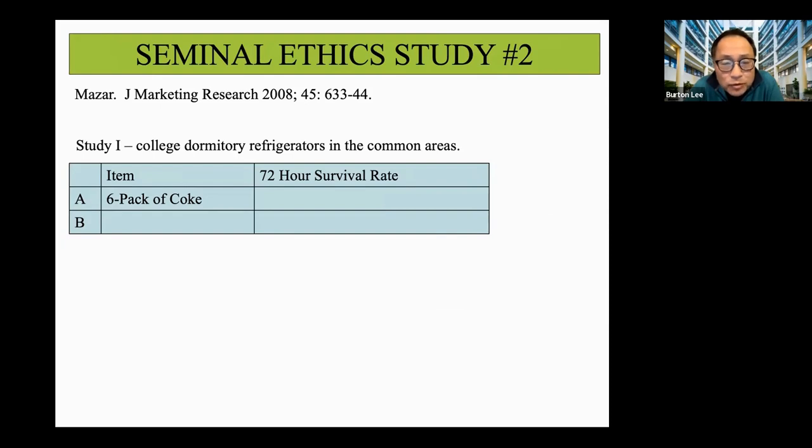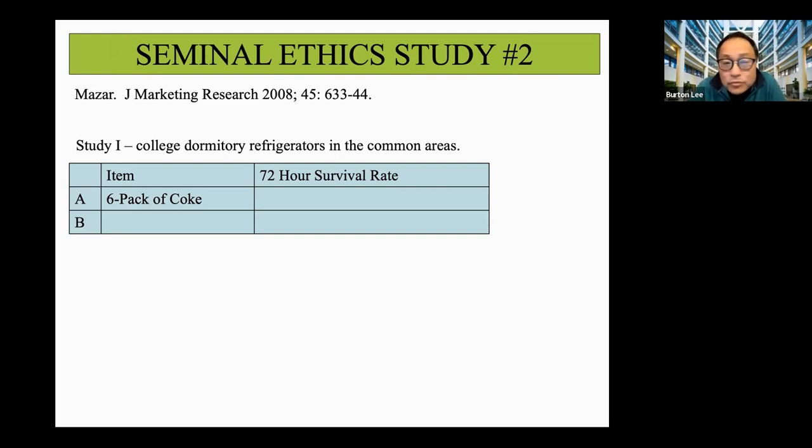What this team did was they went to MIT into their college dormitory, and I'm sure all of you will be familiar with this kind of dormitory setup where the students live in one area, and then in the middle is a common kitchen that they all share, and within the common kitchen there is a common refrigerator.